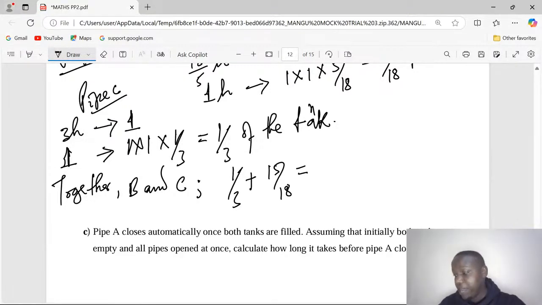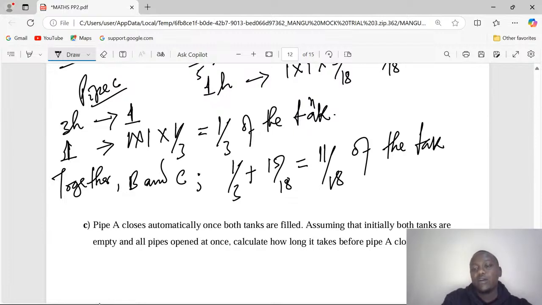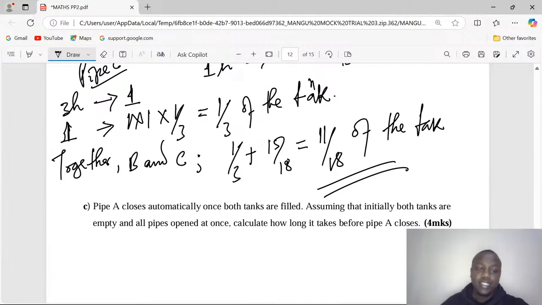Therefore, they will both empty 11 over 18 of one tank. Remember, what we were solving is the fraction of one tank that can be drained by both B and C. So that is it.